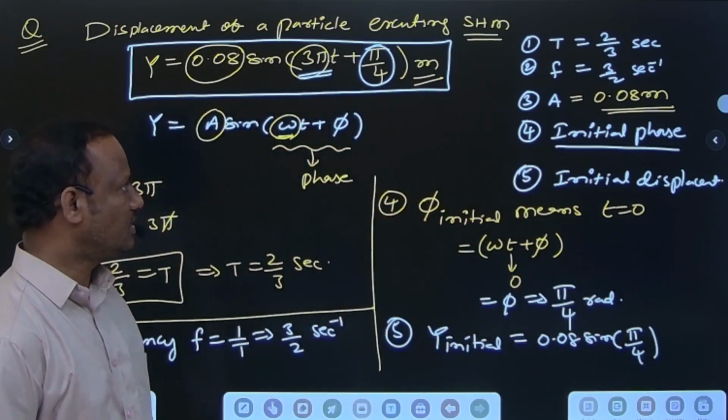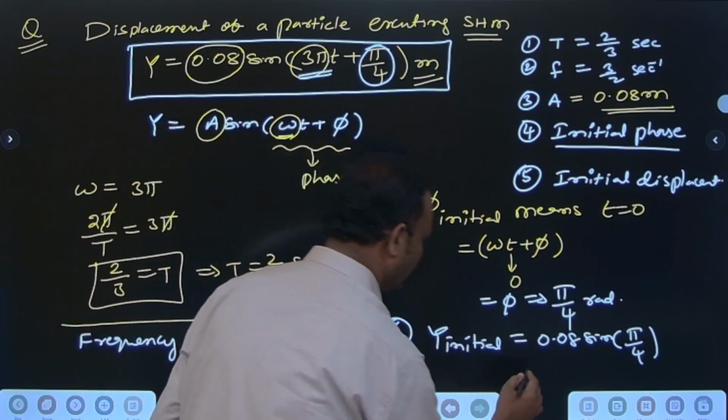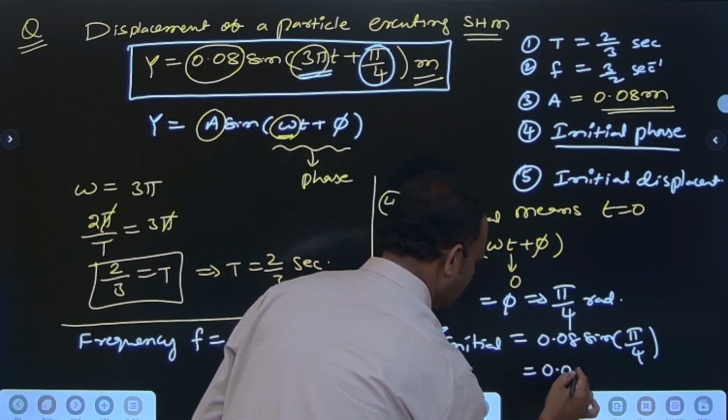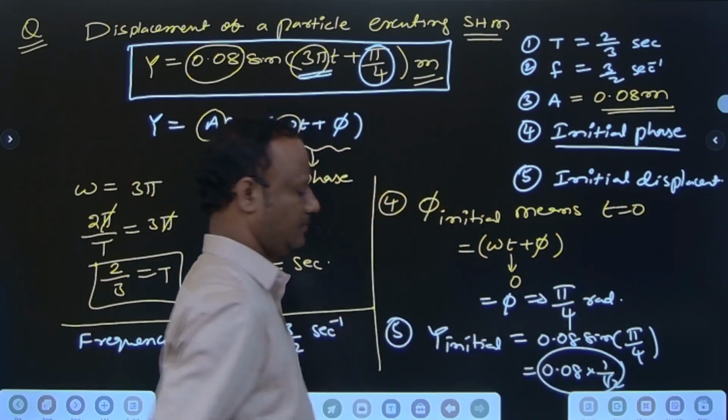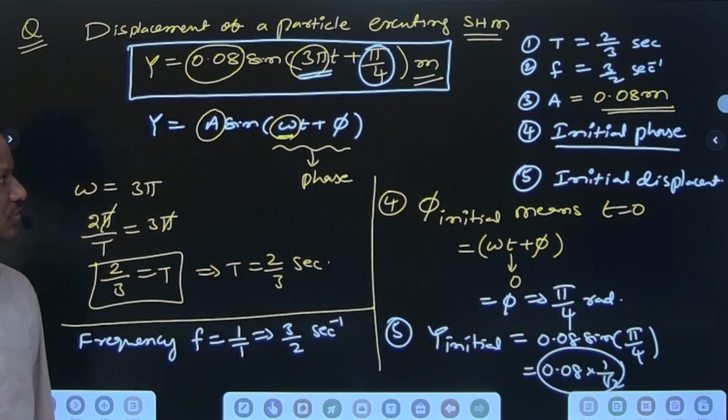Initial, when he is saying, that is t is equal to 0. What do you write? 0.08 into 1 by root 2 is the condition. Yes, so like this type of question, some equation will be given. From the equation he would ask us some selective points according to the given options.